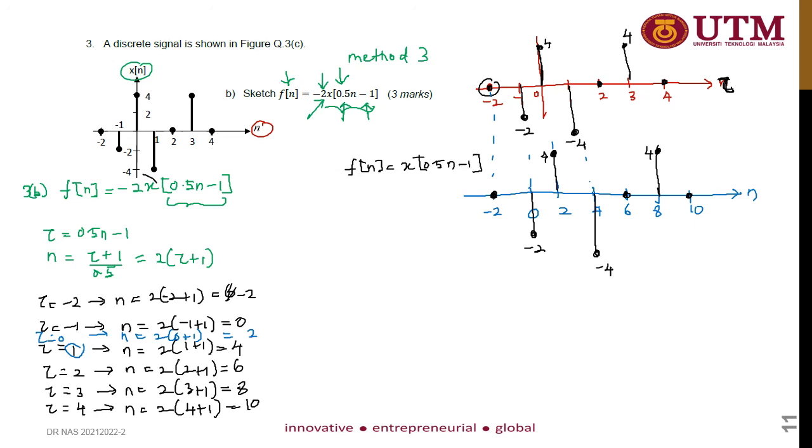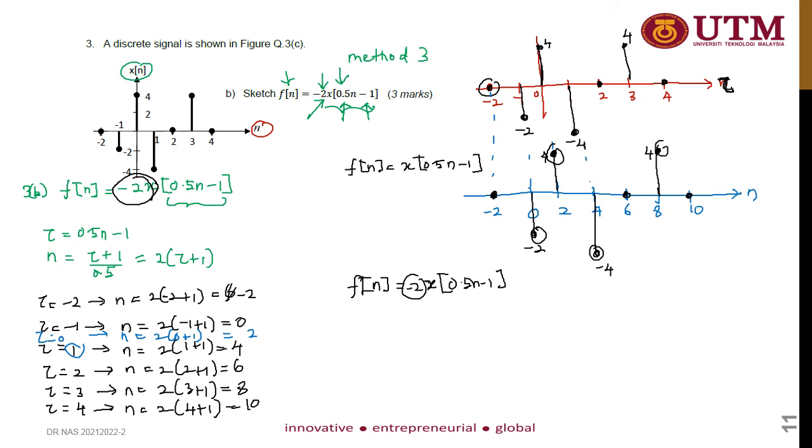You haven't done the amplitude part, sorry, the -2 part, right? So in order to get f(n) equal to minus 2 x(0.5 n minus 1), you need to multiply the amplitude with minus 2. So all this amplitude needs to be multiplied by minus 2.